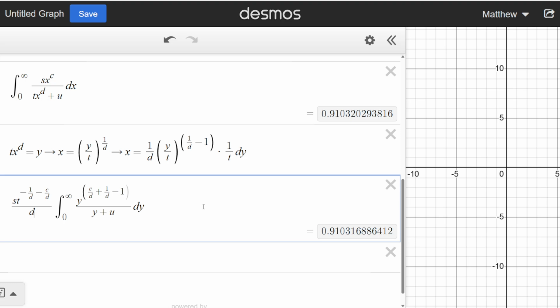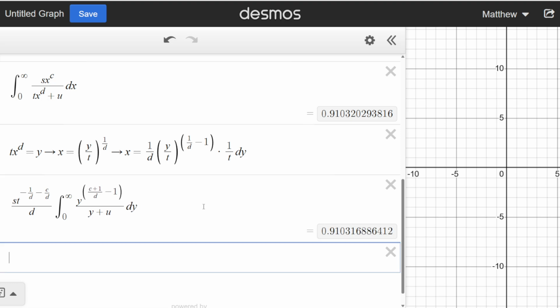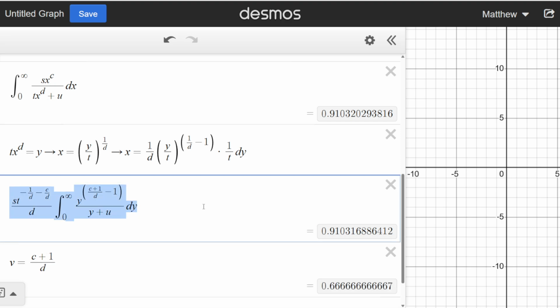Now, I don't like this mess right here. We could call this some other constant, but I think what I'm going to do is call some new constant this, and I'm going to write this as C plus 1 over D. So now let's make some other arbitrary constant, V, that's equal to C plus 1 over D. So now what do we have?